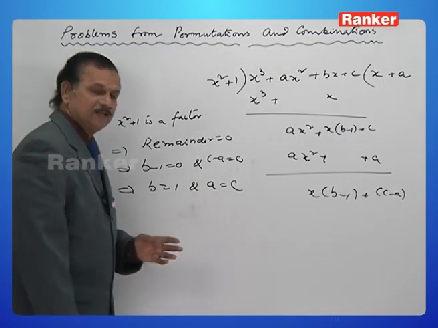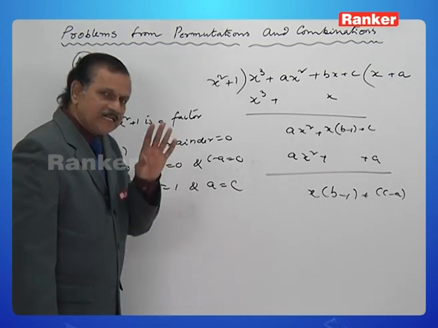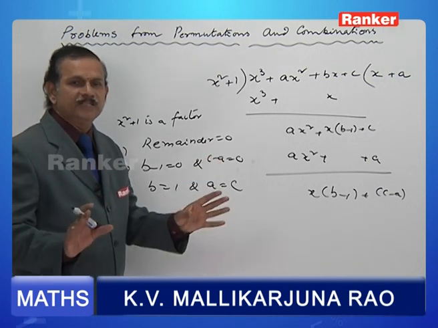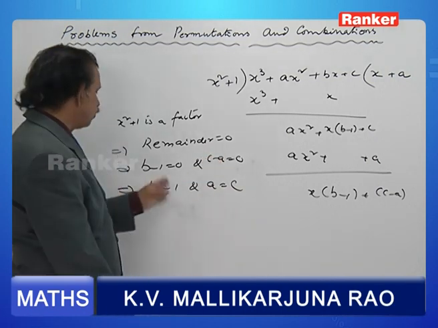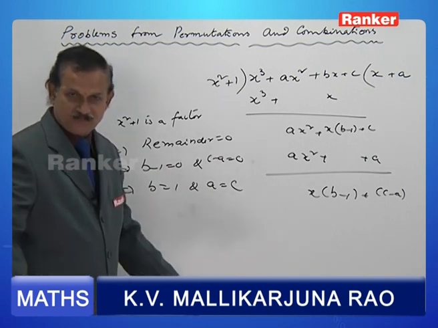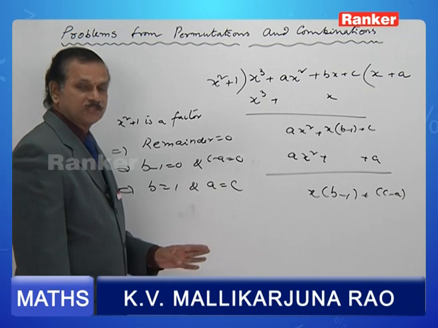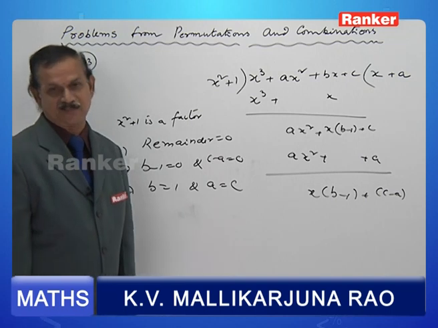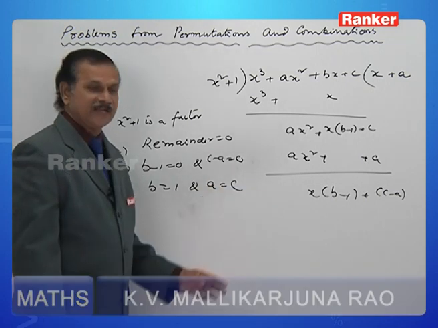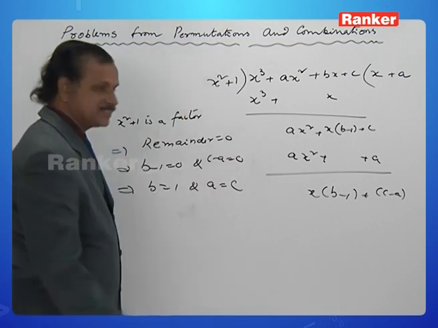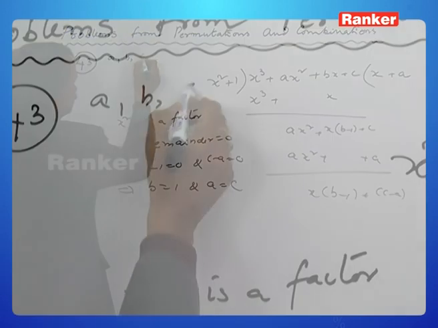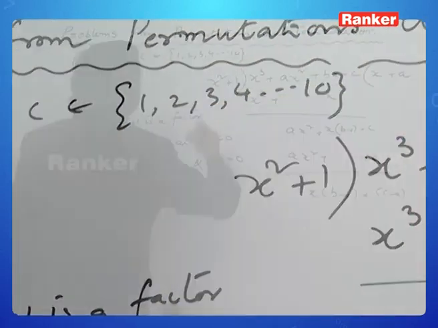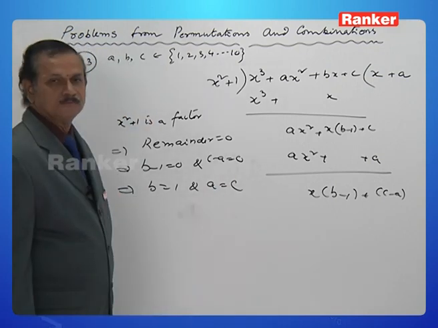Now, follow this result. In order that this is divisible by x square plus 1, b is 1. No question of selection, it is fixed. And a is equal to c must be selected. If you select a, it means that c has been selected. From which set are you supposed to select? From this collection.